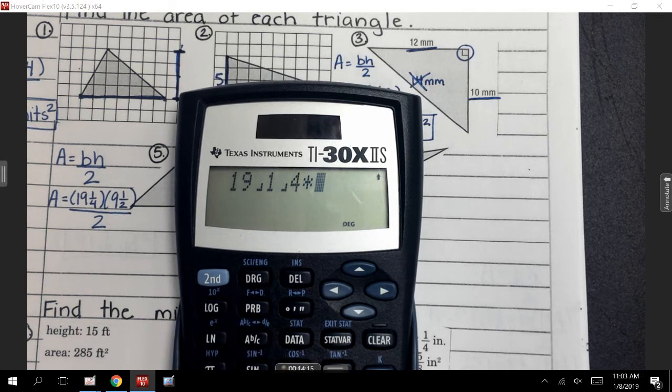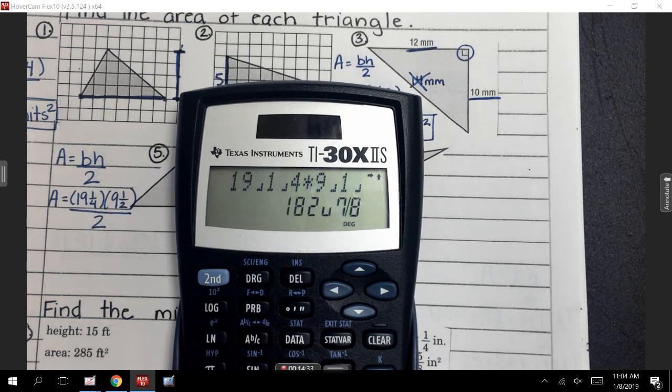Times. Can someone tell me how to put in the 9 1/2? Carlos? 9, ABC button, just like 1, 2. 1, ABC button, 2. So let's push enter.